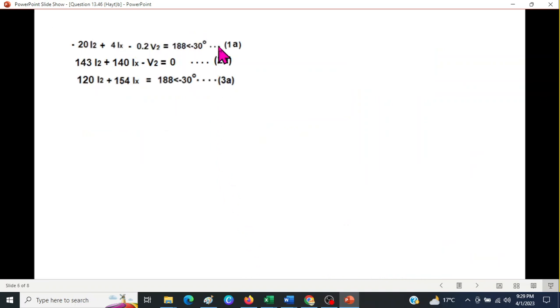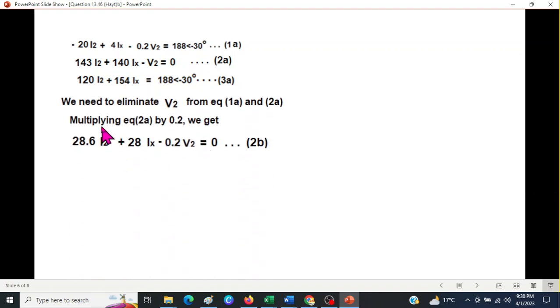So we have these three equations now, and we need to find I2 and Ix. So we have to eliminate V2. If you look at these two equations, you can eliminate V2 if this also becomes 0.2. So multiplying this whole equation 2a by 0.2, we get these terms, and we call this equation 2b.